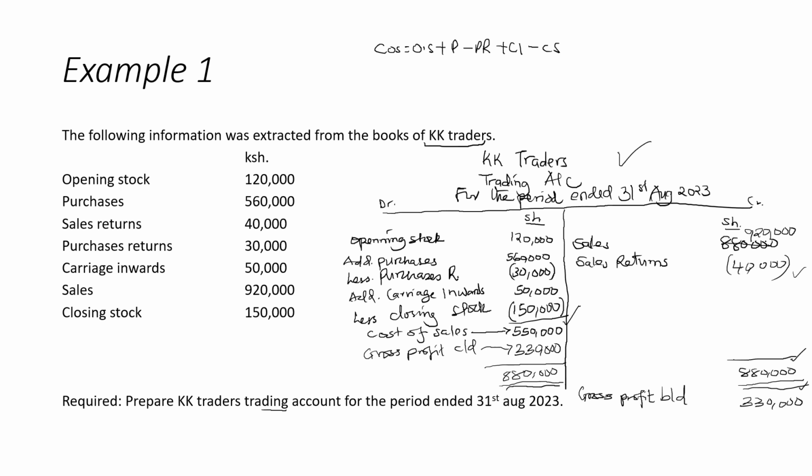From the trading account, you are able to get the net purchases, because we said the net purchases is given by the purchases, minus purchases returns, plus carriage inwards. Then you will have the net purchases.